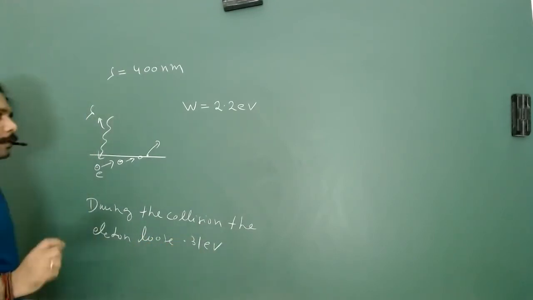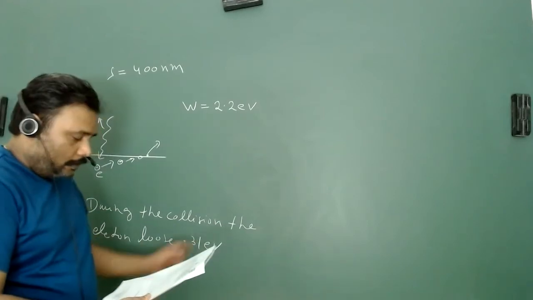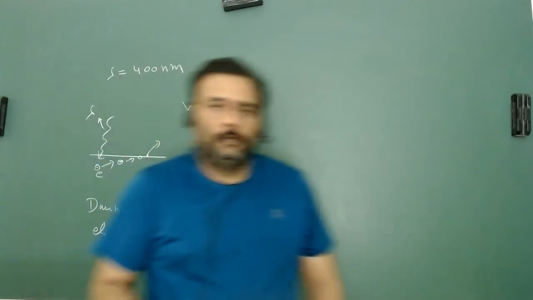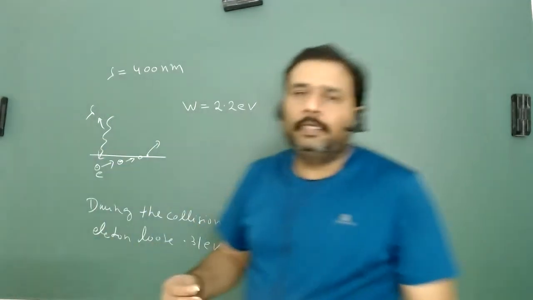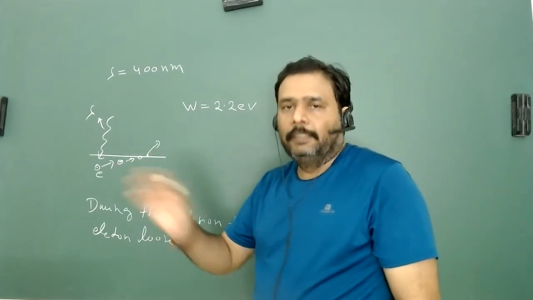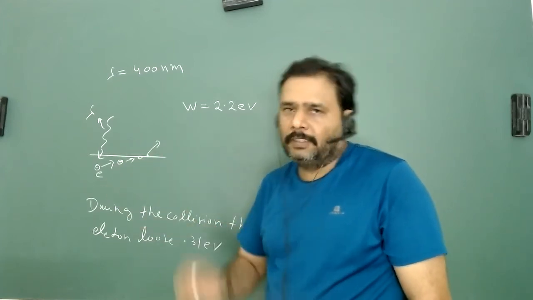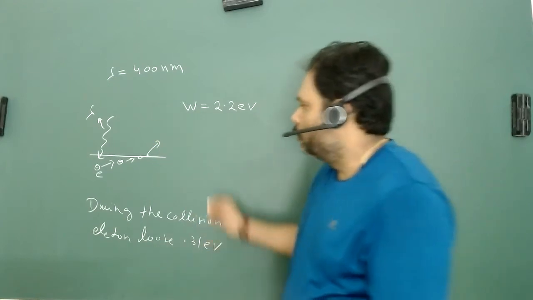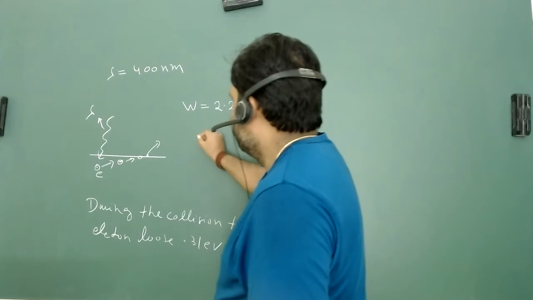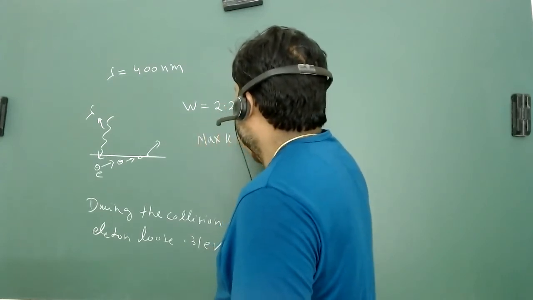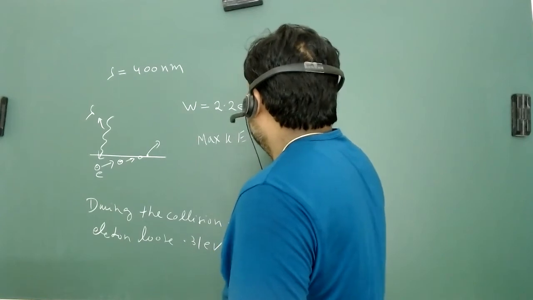So in one particular collision, it is going to lose 0.31 electron volt. Finally, we have to find what will be the maximum kinetic energy of the outgoing electron, of the photoelectron. Photoelectron means it has left the surface, then it can be called a photoelectron. So we have to calculate the maximum kinetic energy of the photoelectron.